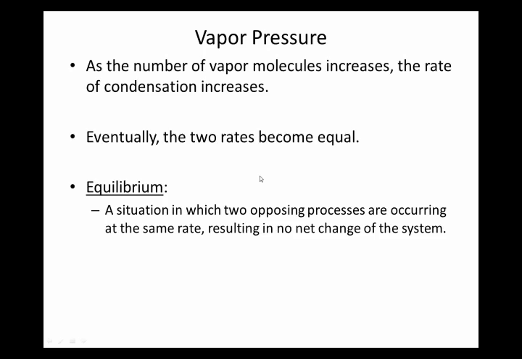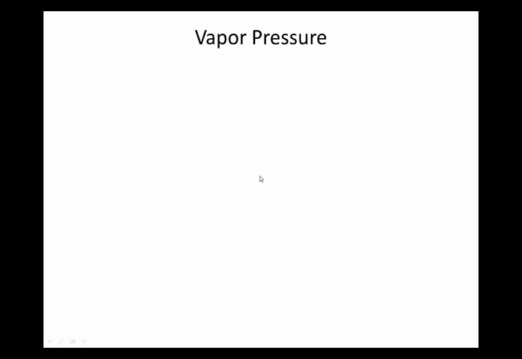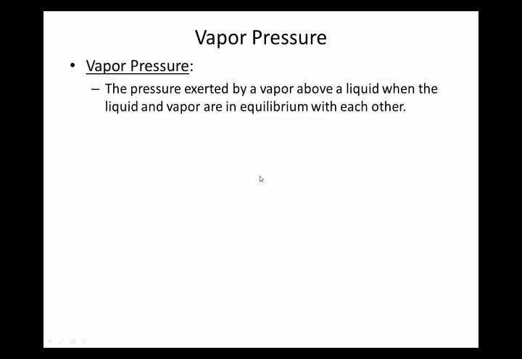So on a macroscopic scale, we discern no difference in the system. All of that is necessary simply for you to understand what vapor pressure is. Vapor pressure is the partial pressure of the vapor at the point that equilibrium is established.